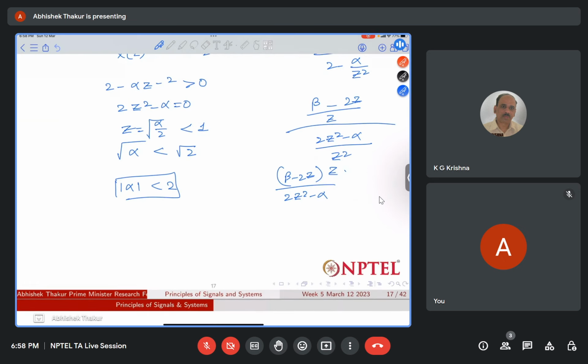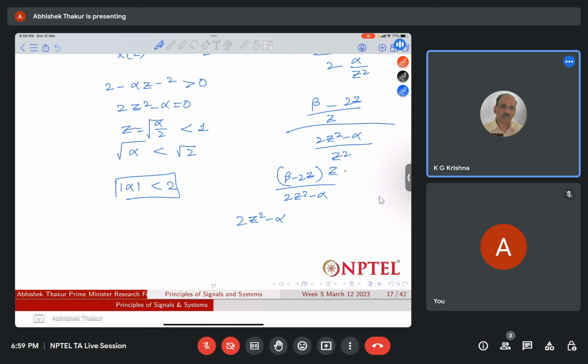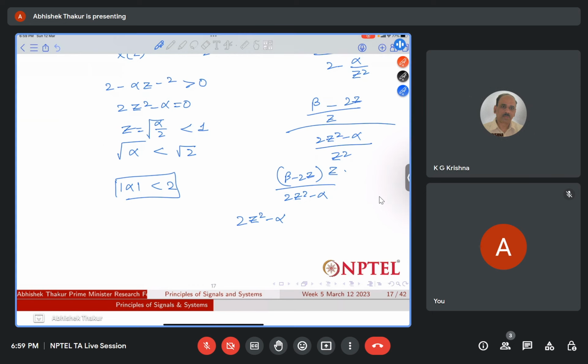The only thing is that this should be 2 of z squared minus alpha. First we will equate it to 0, so we'll get the value of z. So z is equal to the square root of alpha by 2, and the magnitude of z should be less than 1.